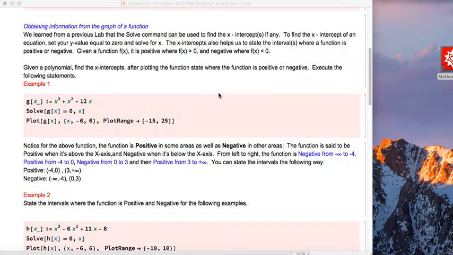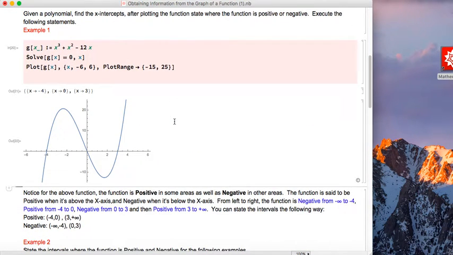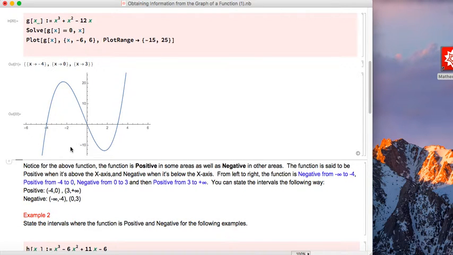Here, given a polynomial, find the x-intercepts, and after plotting the function, state where the function is positive or negative. Okay, so here, execute the graph. For the function f(g(x)), notice the function is positive in some areas as well as negative in other areas.